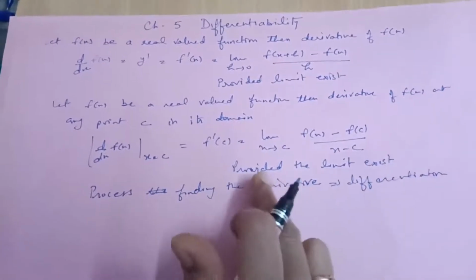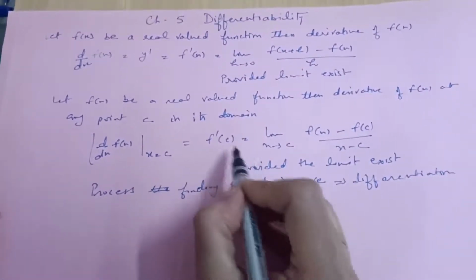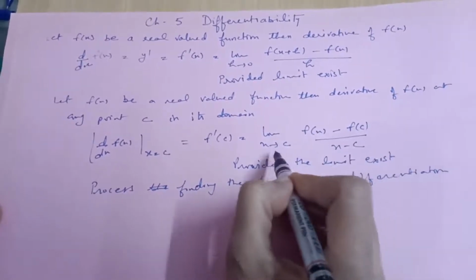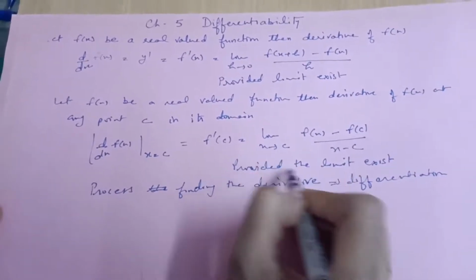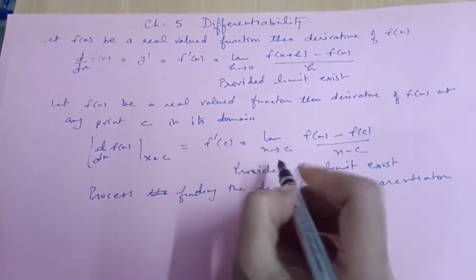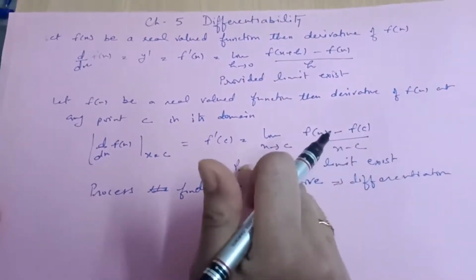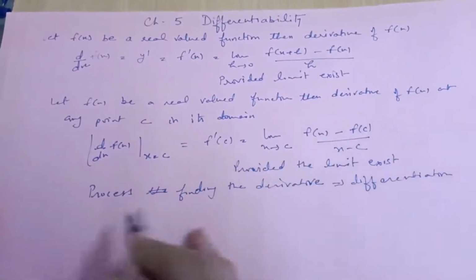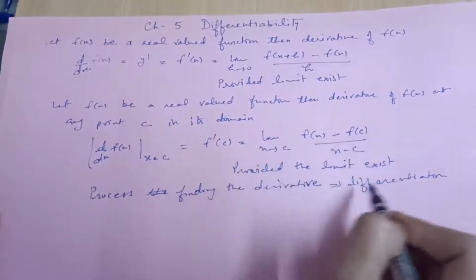At any point c, f(x) minus f(c) by x minus c, provided the limit exists, means the function is differentiable. Whether the function is differentiable or not depends on whether the right hand derivative is equal to the left hand derivative.